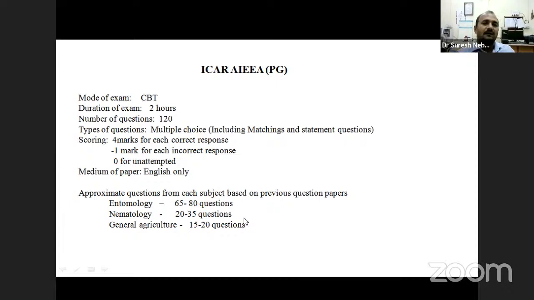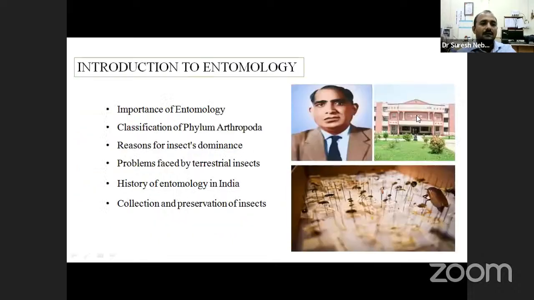So because I was asked to speak about entomology, now we will start discussing entomology. The first part, as per the syllabus, is the introductory part of entomology. The introductory part includes its importance and the classification of phylum Arthropoda.